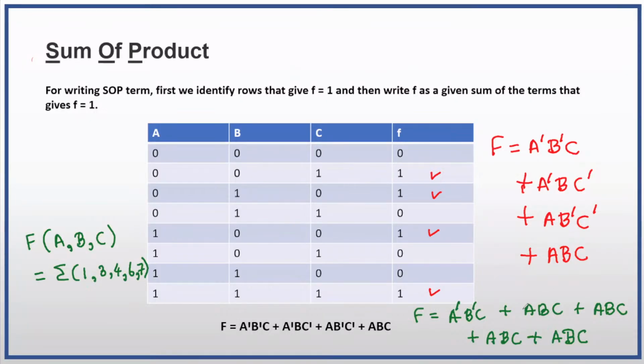And for 3, that is 0, 1, 1. So here you can see A prime, because you just want to convert this A into 1.